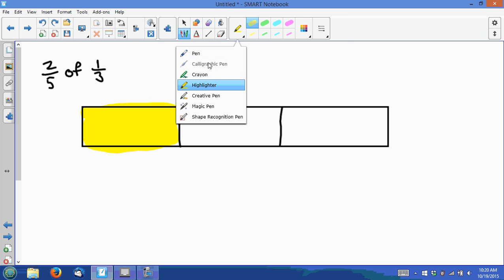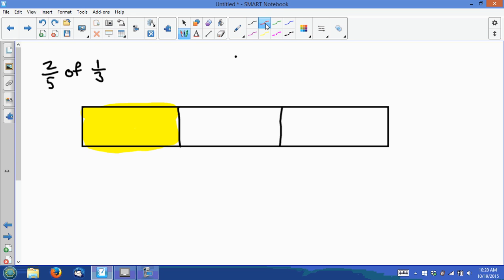Now, look at the problem, 2/5 of 1/3, and it tells you that I want to take this piece and cut it into how many? If you said 5, you're right. We're going to chop this into 5 pieces. Now again, I'm not going to be exact, but the important thing is that we're chopping it into 5 pieces.